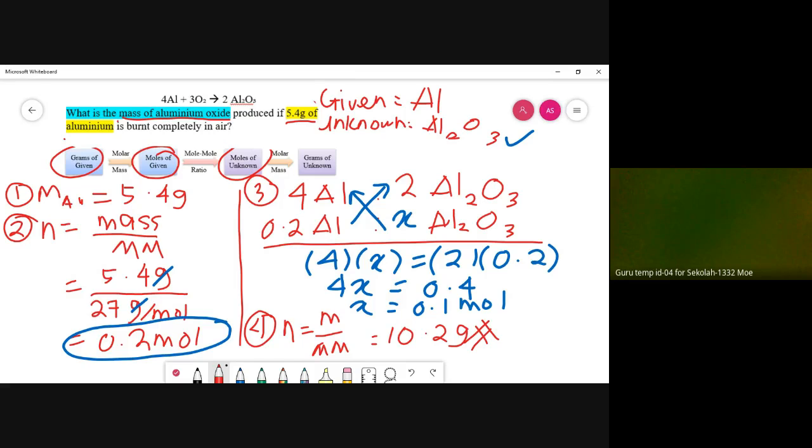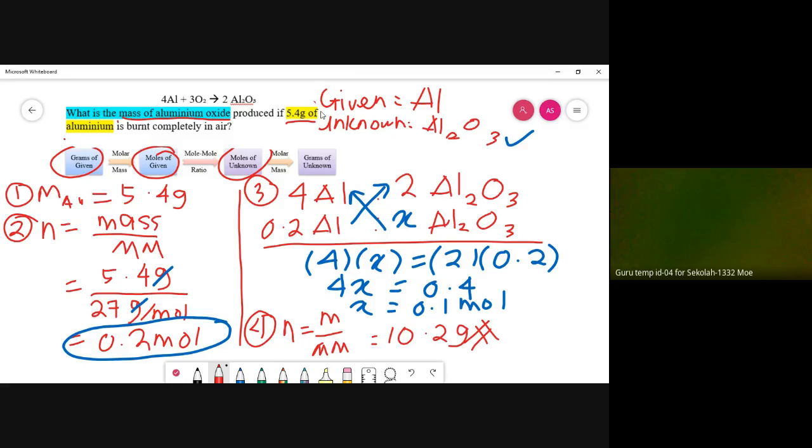So, whenever you have mass to mass kind of question, there are 4 steps that you have to do. First, you need to find grams of given. Given ni adalah benda yang maklumat dah dibagi tahu dalam soalan.